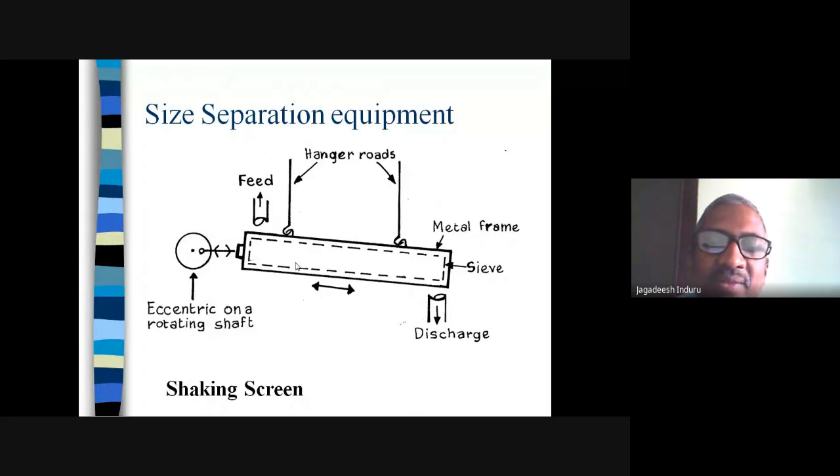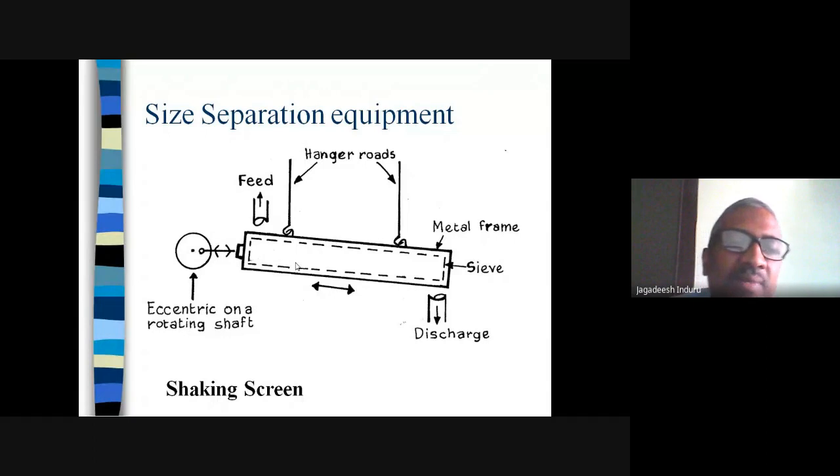What is that you need to remember? One is the metallic frame, eccentric shaft, sieve, feed and discharge, hanging rods. These are all the construction parts. Now what material will be used? Sometimes it is made up of stainless steel, iron, or sometimes copper. Depending upon our requirement, we need to construct the entire unit using it.